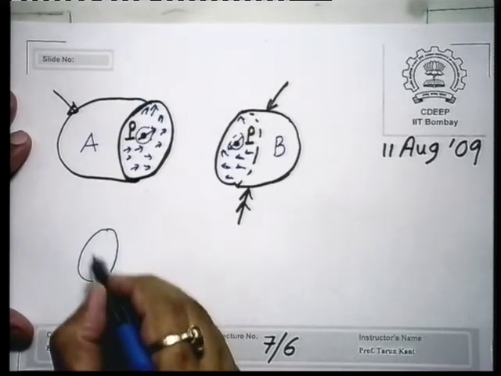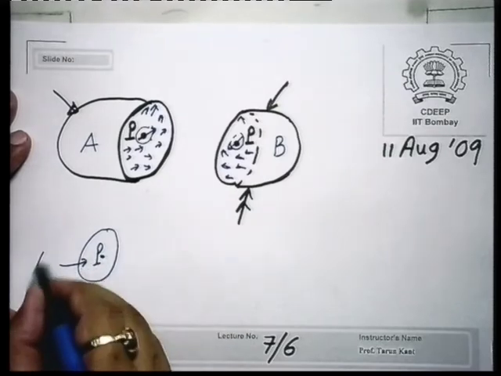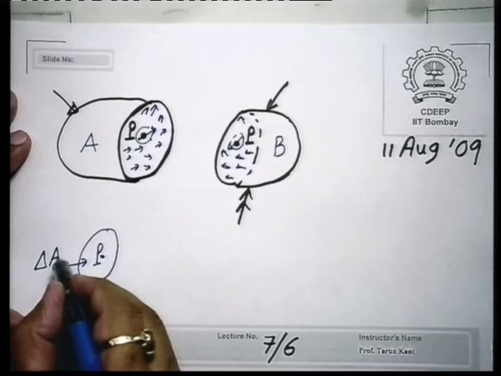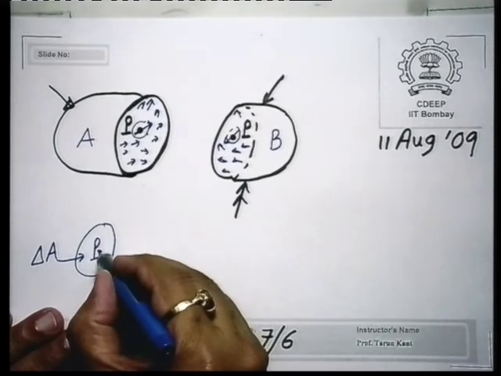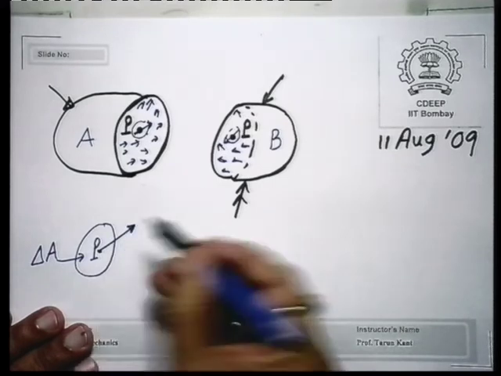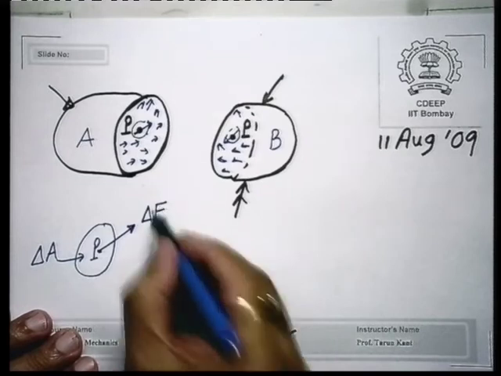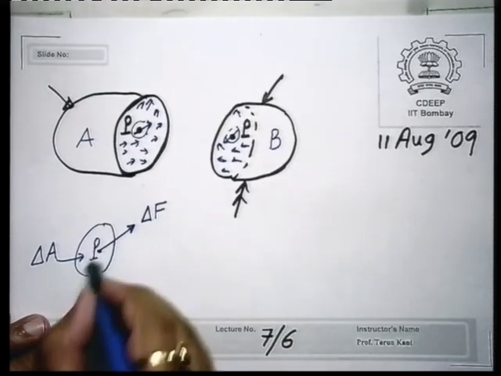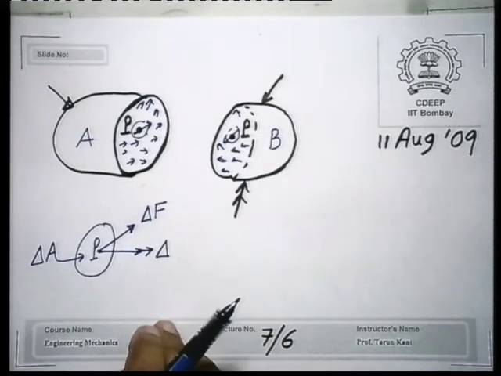So let me draw point P, and this is delta A. It has also been noticed experimentally that two kinds of forces exist at each and every point. One is a linear force, some delta F, and also a moment.